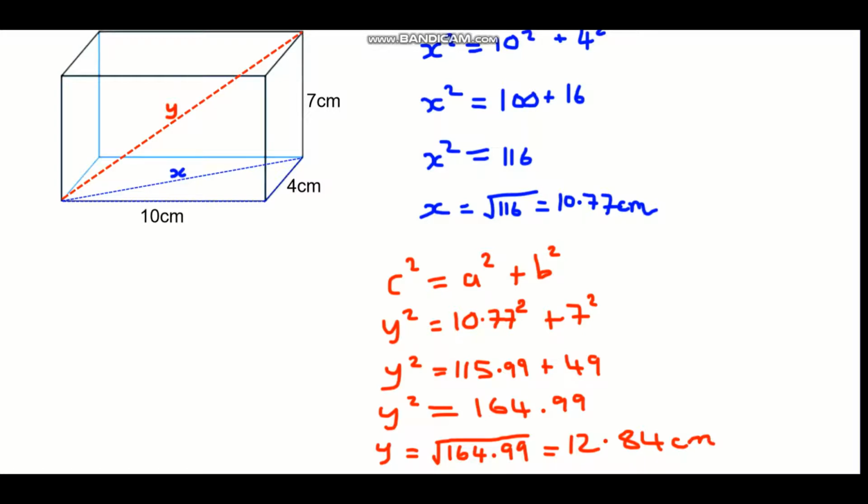Okay, so that is a 3D Pythagoras question. Usually what you're looking for is a side on the base or on the side of your 3D object, and then you use that value in another round of Pythagoras to find a side length that's diagonal through space.